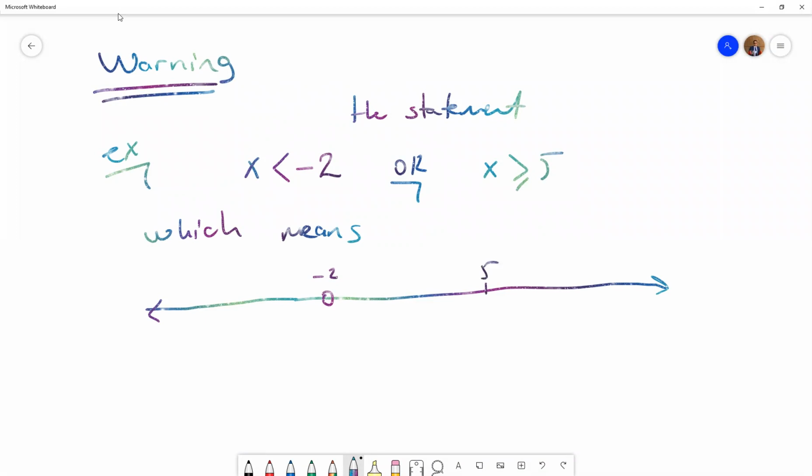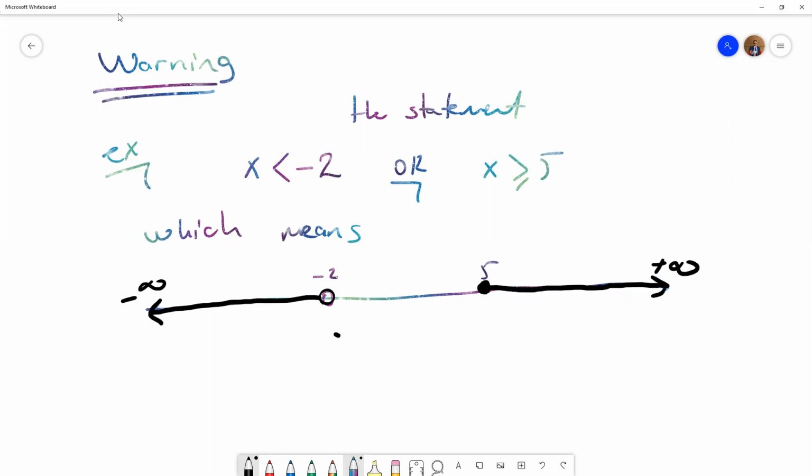So we write an empty -2 and this line up to -infinity, and this is equal, so this is a full 5 and goes to +infinity.